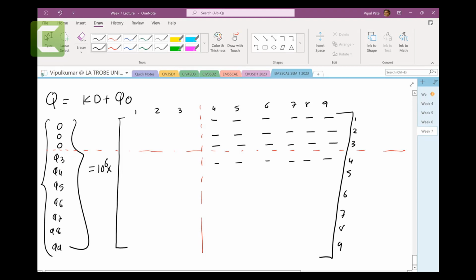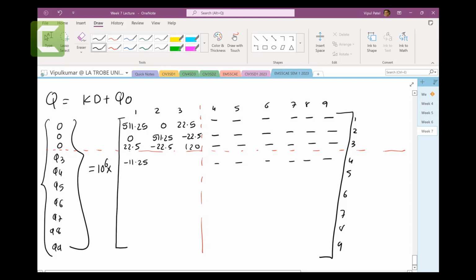So 1, 1, we can have 511.25, 0, 22.5, 0, 511.25, minus 22.5, 22.5. And you know where these numbers are coming from, right? By the way, we did both hand calculation and Excel.